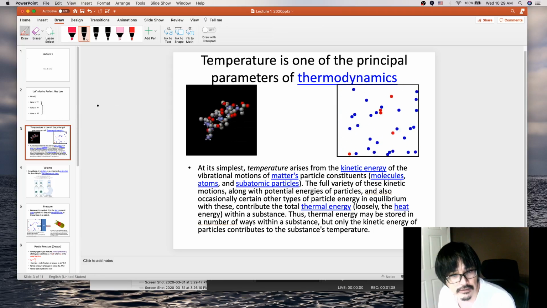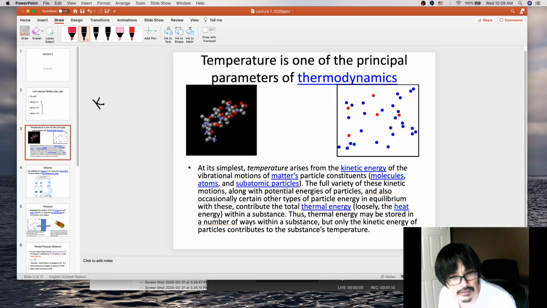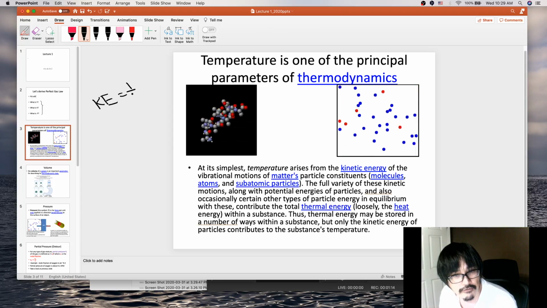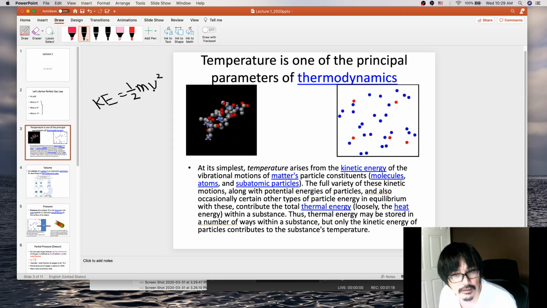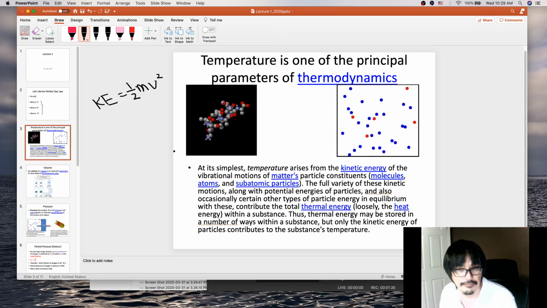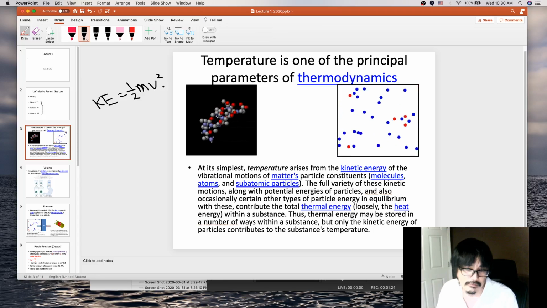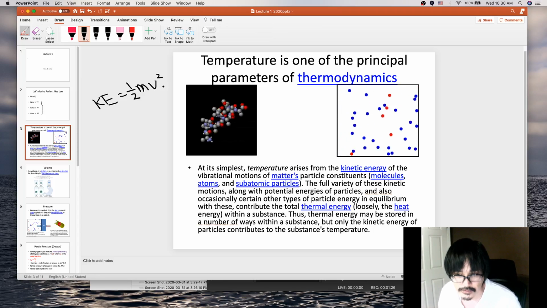So let me just try to actually write out something here. The kinetic energy is always 1/2 mv squared, the velocity here, right? So you can actually think of it as a velocity or as a speed too, right?